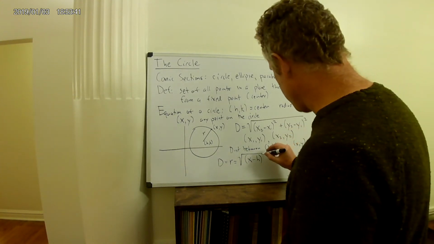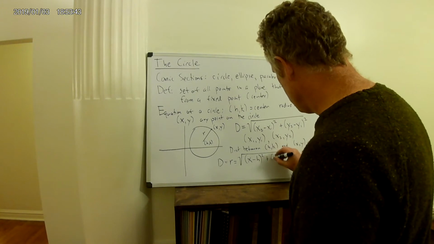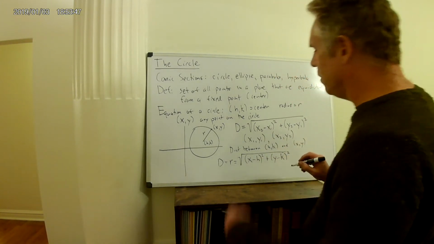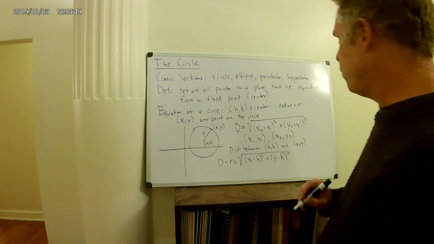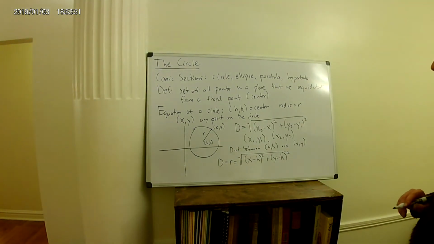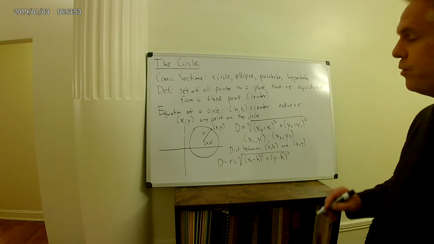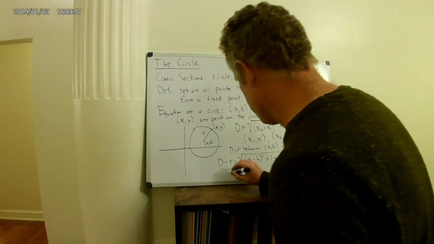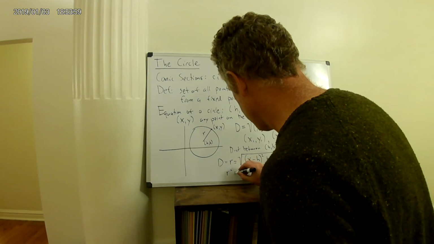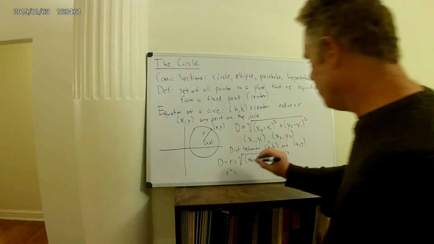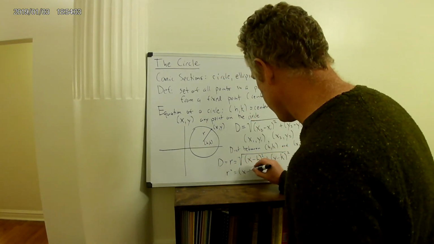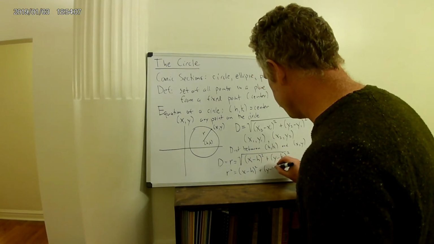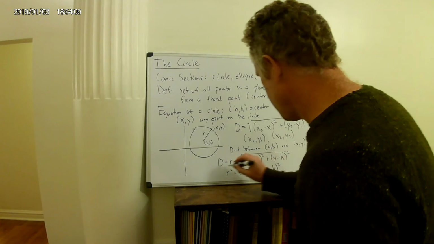We get the square root of (x minus h) squared plus (y minus k) squared. This is just using the distance formula to find the distance between the center and the point (x, y). And then we can square both sides of this equation. If we square both sides, we get r squared equals, the square of a square root is just the thing itself, (x minus h) squared plus (y minus k) squared. And let me box this.